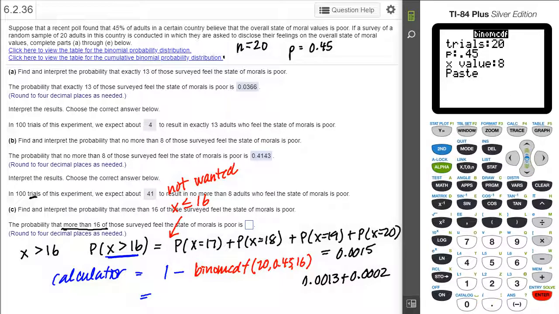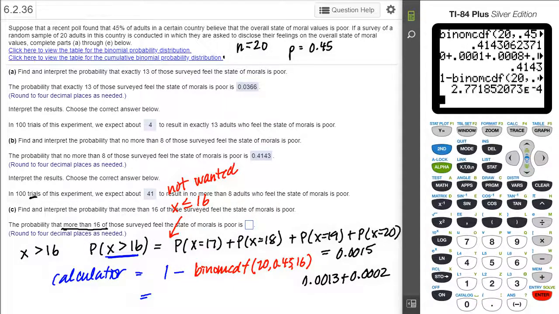Sample size still 20, probability of success still 0.45, x value 16. The calculator gives back 2.77 e to the minus 4, which is 2.77, and you take that point and that decimal and go to the left 4 times. 1, 2, 3, 4, and fill it in with 0.